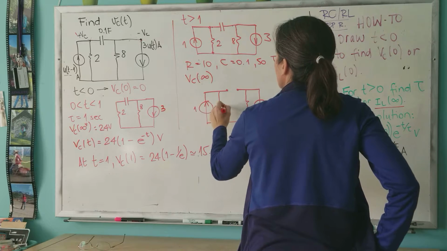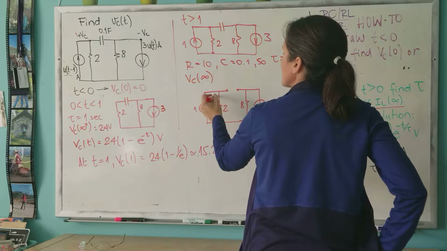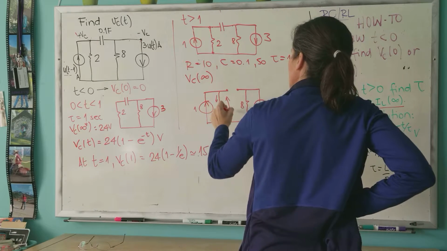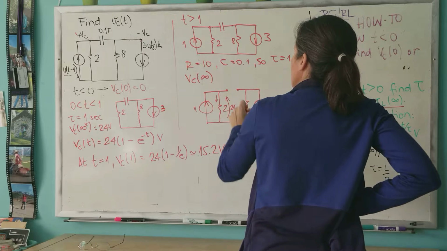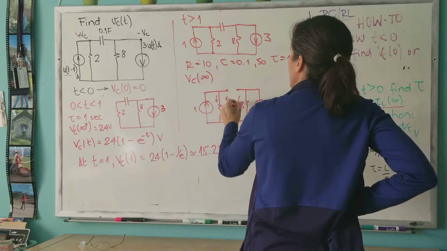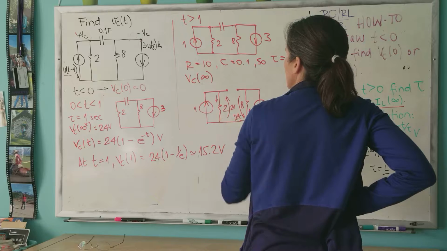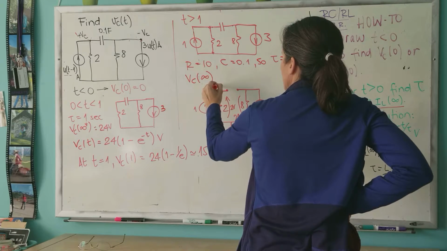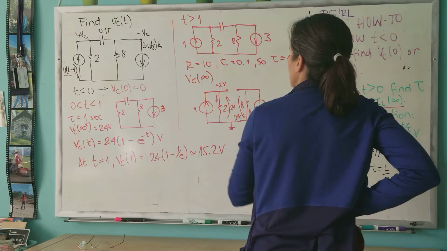3, 1, 2, 8. So there's 1 amp going down here. Because there's 1 amp going down, there's 2 volts here. And here there's 3 amps going up, which means there's 24 in this direction. So if I put ground here, this nodal voltage is plus 2.